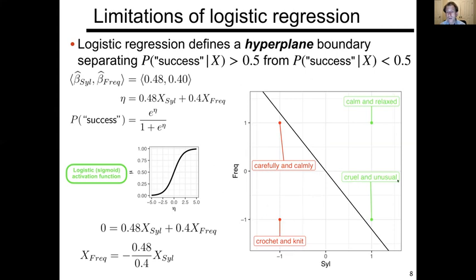Carefully and calmly, cruel and unusual each satisfy one constraint. The word length constraint is a little stronger. So the one that satisfies the word length constraint and violates the frequency constraint is predicted to be more likely than chance, and the one that satisfies the frequency constraint and violates the word length constraint is predicted to be a little less likely than chance.